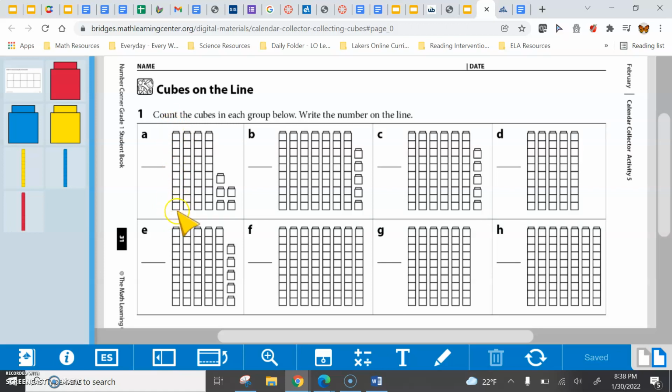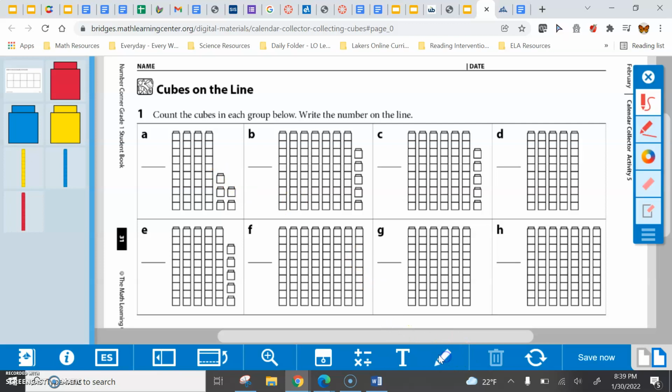So for example, this one, we have 10, 20, 30, 40, and then we have some that are not part of a long. 41, 42, 43, 44, 45.